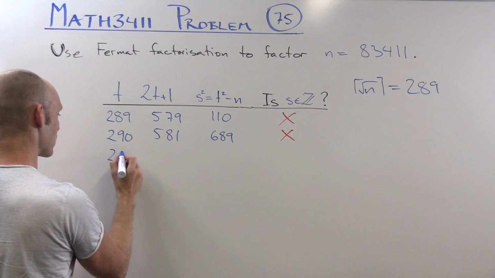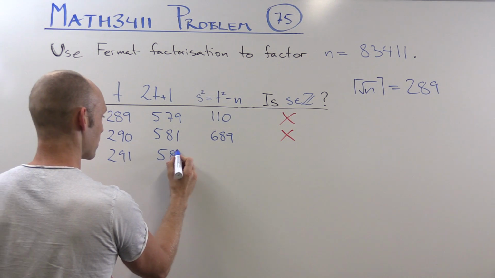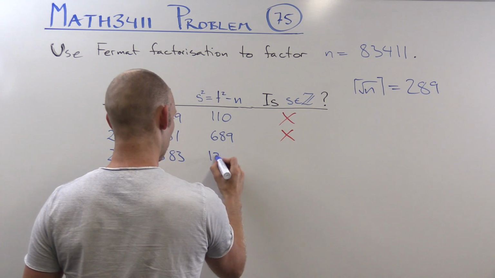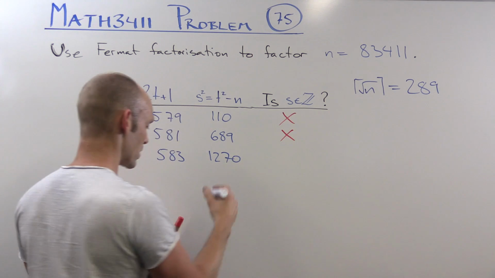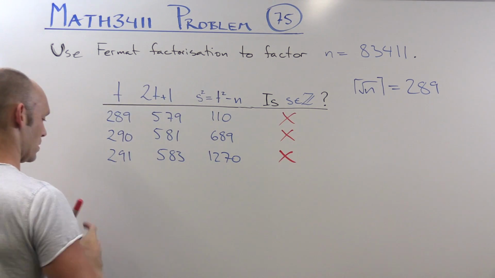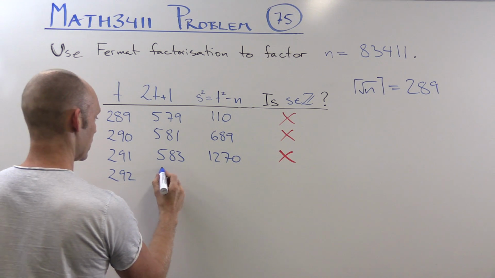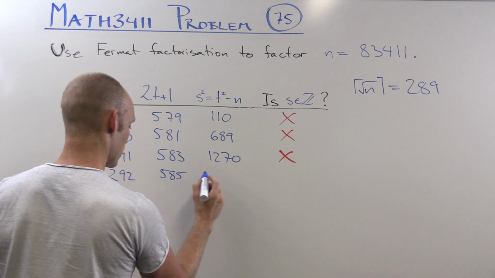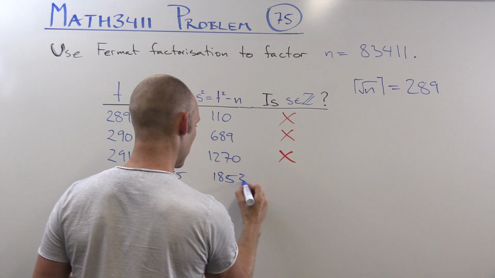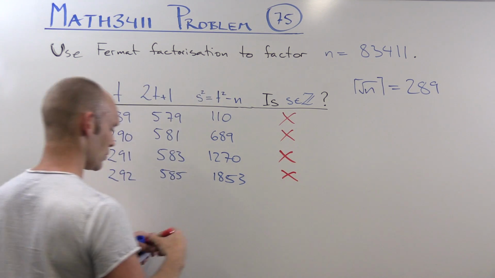We have 291, 583, and then we get 1270, which again is not a square, so we continue. Then we have 292 and 585, and then we get 1853. That is still not a square. I hope we get a square soon.